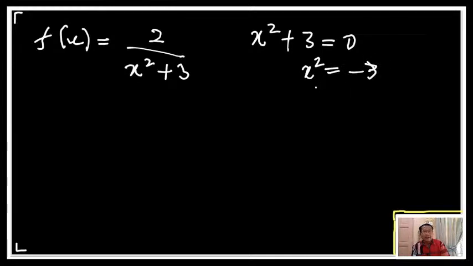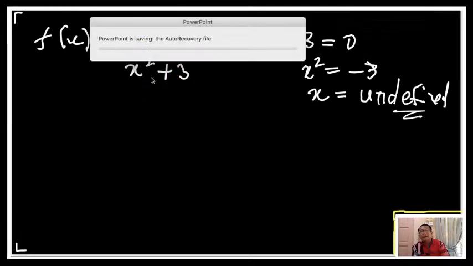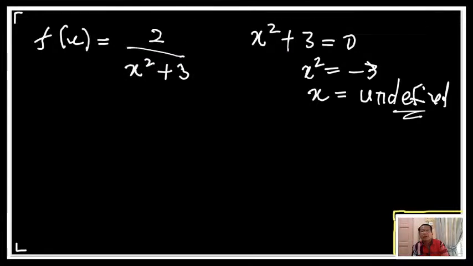Since we are talking about real numbers in calculus, x is undefined. It means that this denominator cannot be 0. Since it cannot be 0, the domain of f is all real numbers.